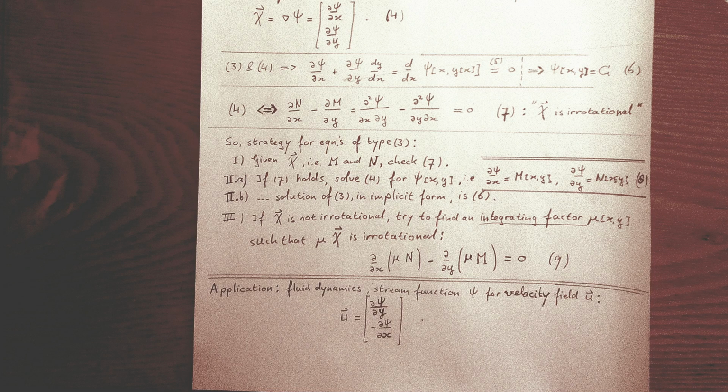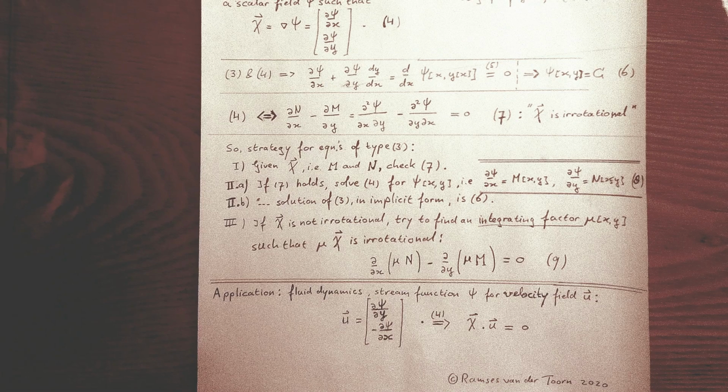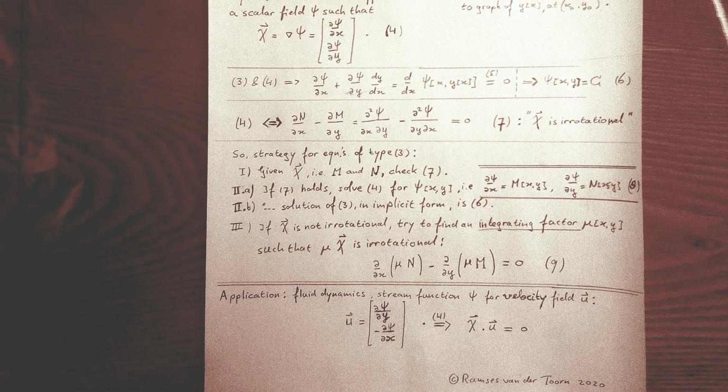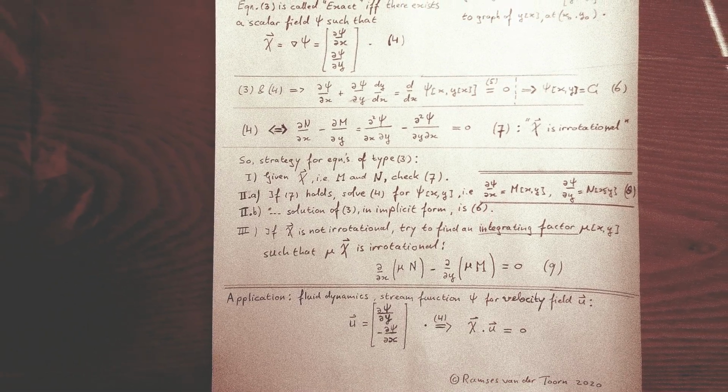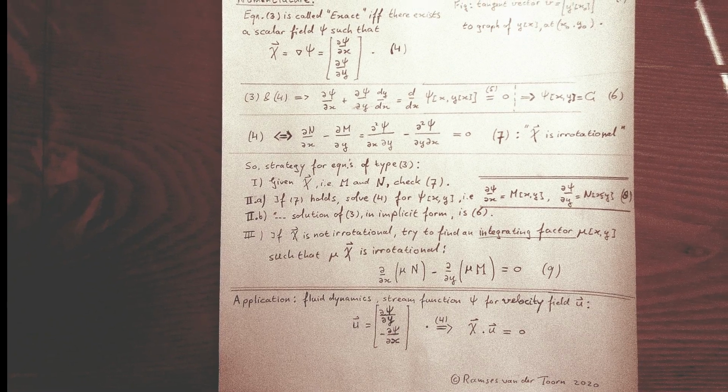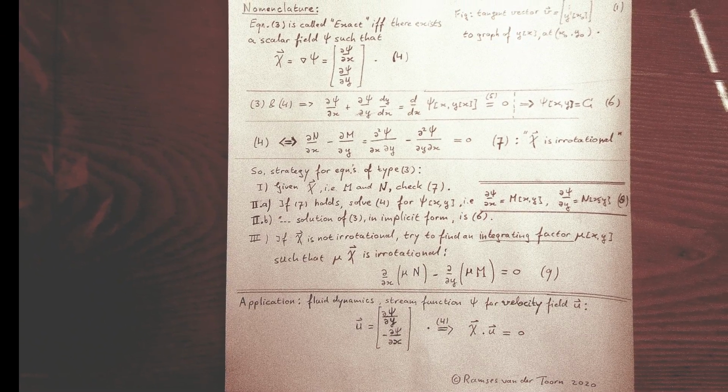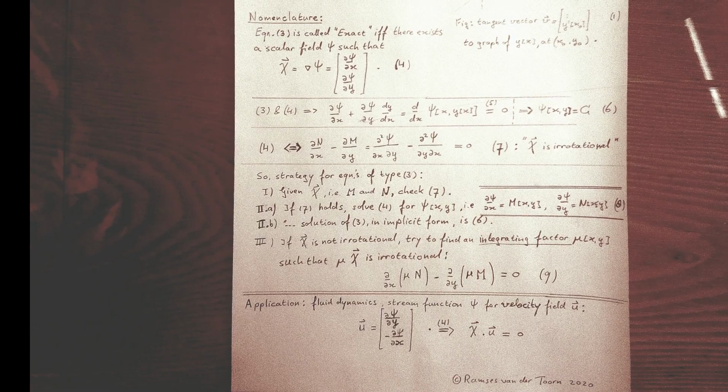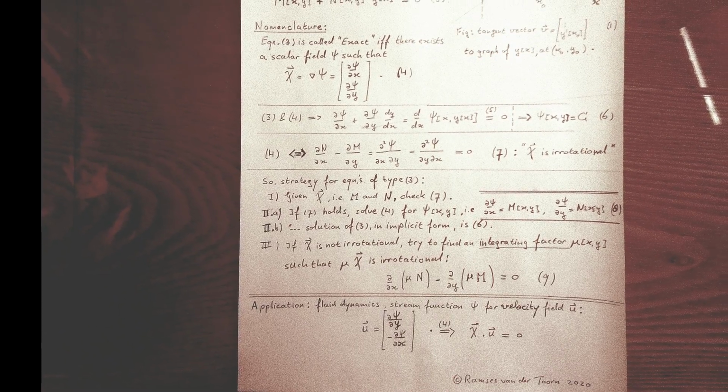This velocity field is obviously perpendicular to the gradient of psi, and so the velocity is tangent to level curves of psi. The level curves of psi are called streamlines. In that context, they are the curves along which the fluid flows.